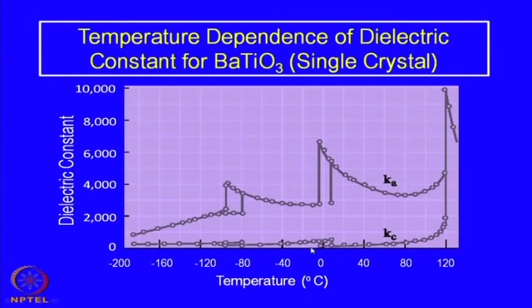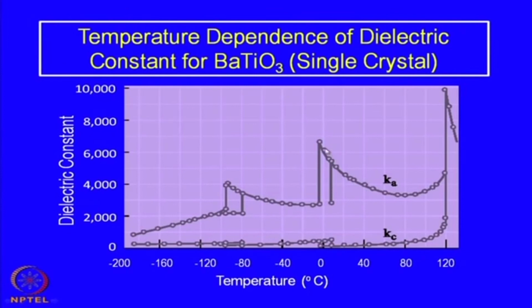You will also see there are 2 other characteristics. One is that there is a tremendous amount of anisotropy.